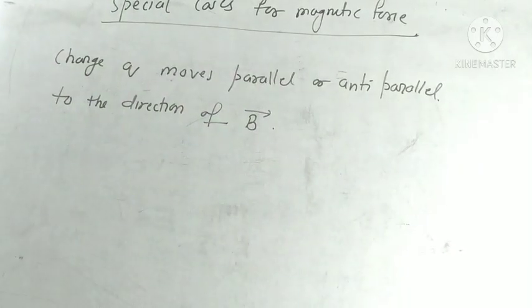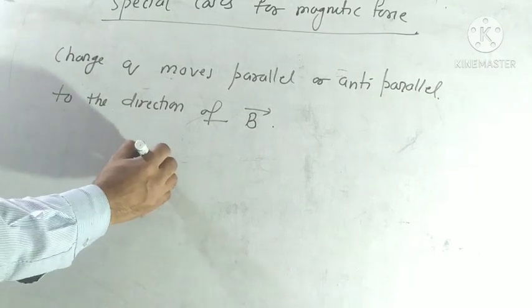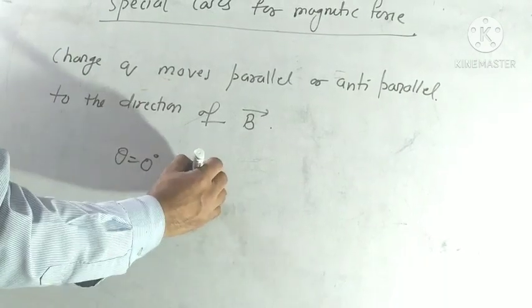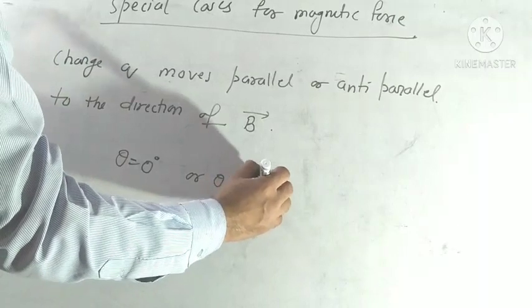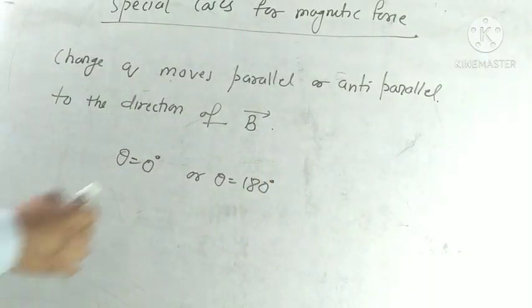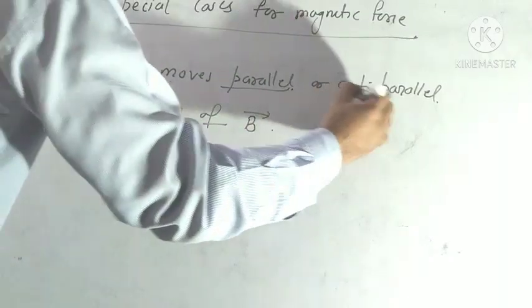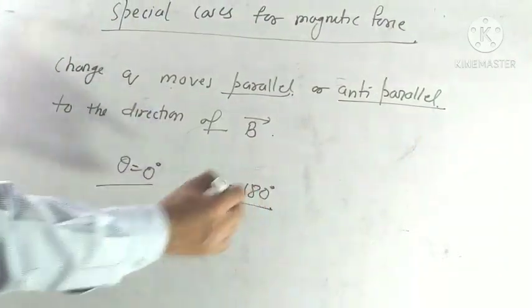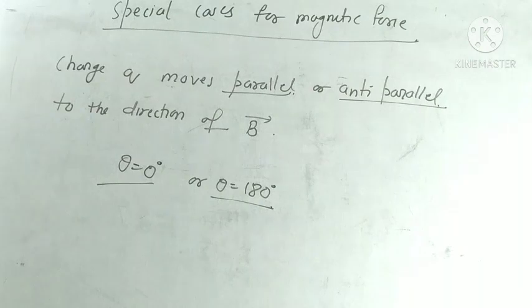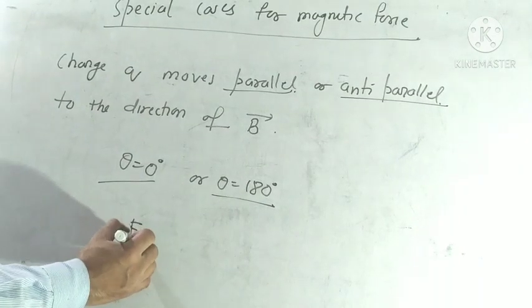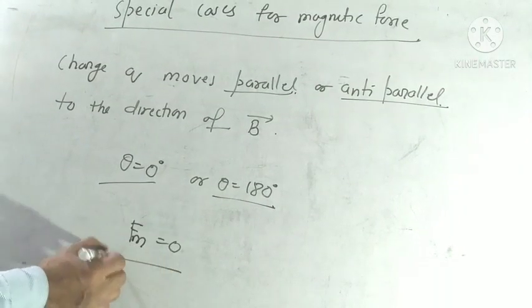In this case, theta is equal to 0 degrees or theta is equal to 180 degrees. When the charged particle moves parallel, theta is 0 degrees, and when it moves anti-parallel, theta is 180 degrees. So finally Fm is equal to 0.